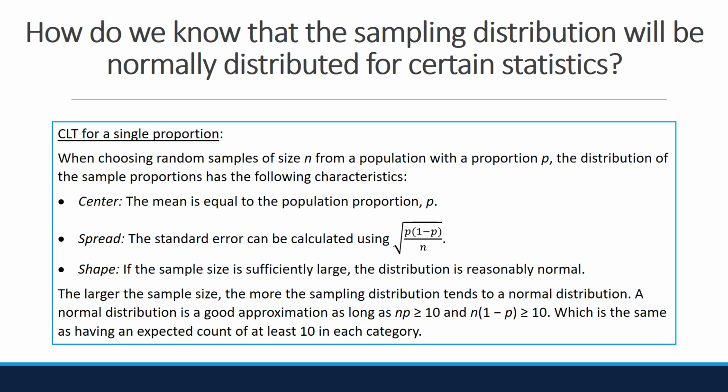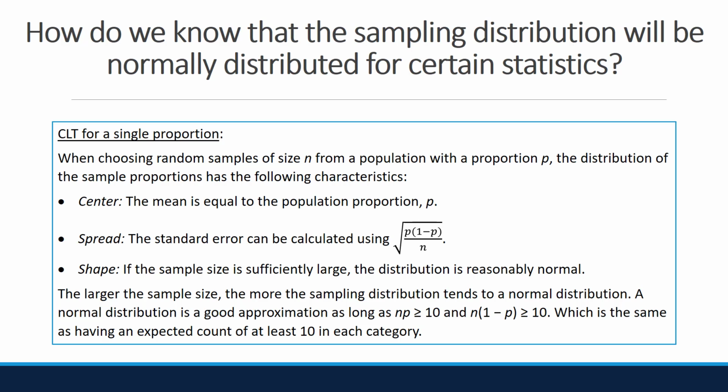The standard error can be calculated using the formula given. And if the sample size is sufficiently large, this distribution will be reasonably normal. The larger the sample size, the more the sampling distribution tends to a normal distribution. When we say sample size, we're referring to the size of each of the individual samples that are selected.